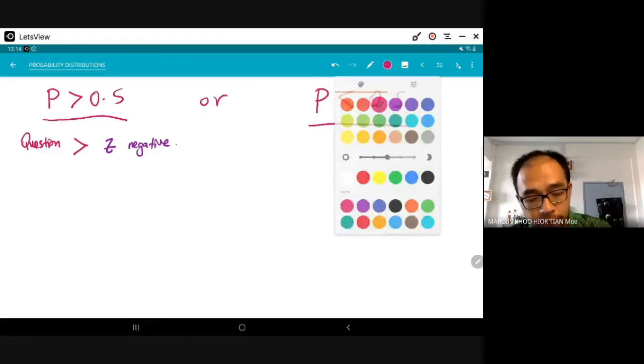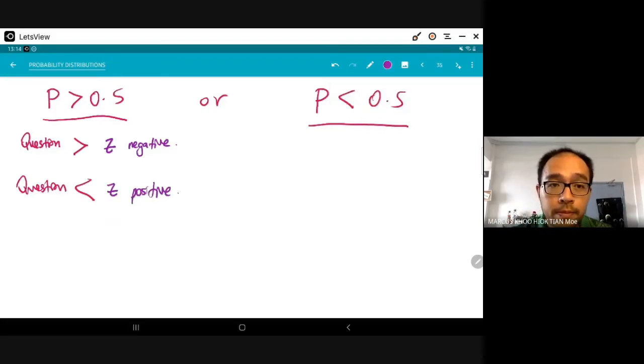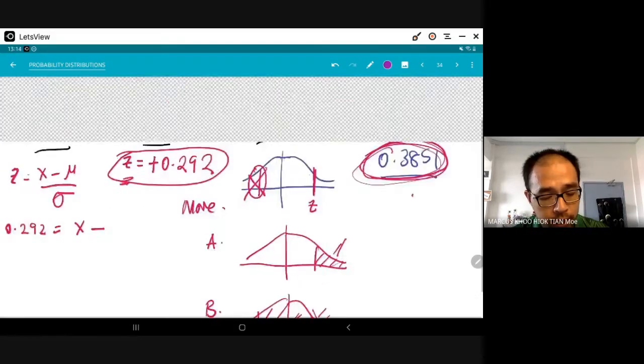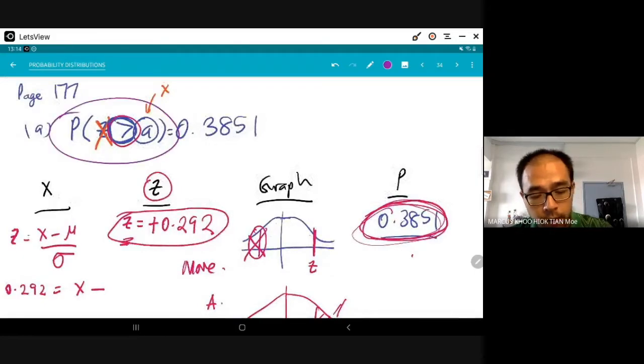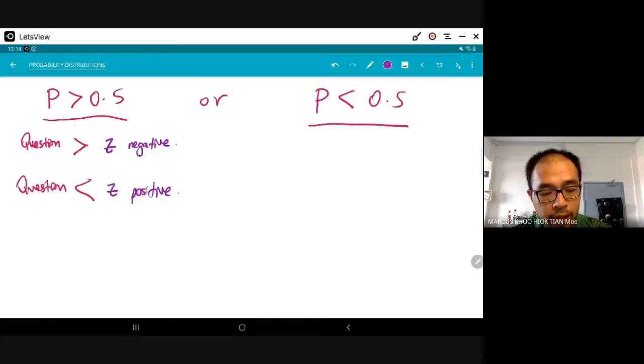If the question, dia bagi soalan is less, then your Z will be positive. What I mean by question is this. Tengok soalan. This is the question. Ini. P X more than A. Ini. Yang di dalam kurungan itu. If it is more, and your probability is more than 0.5, then the Z value is negative. This is the last one that we want.